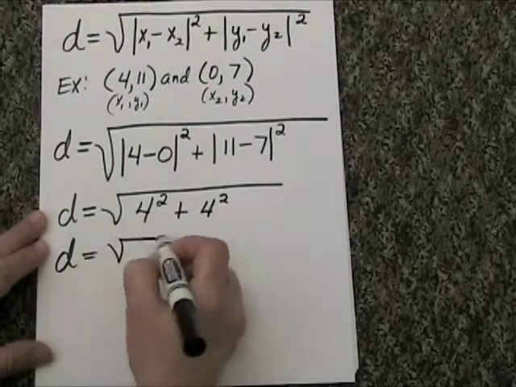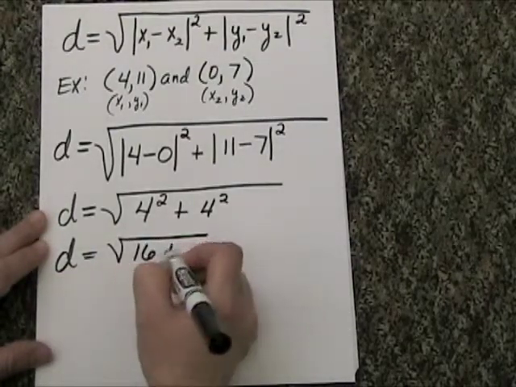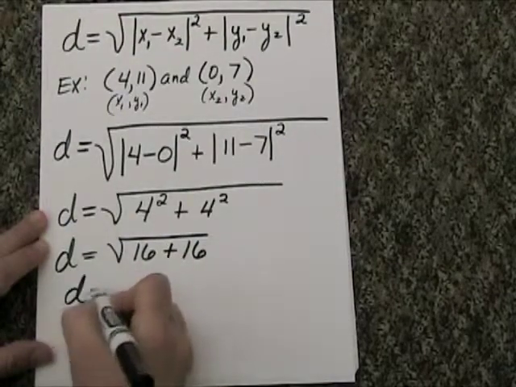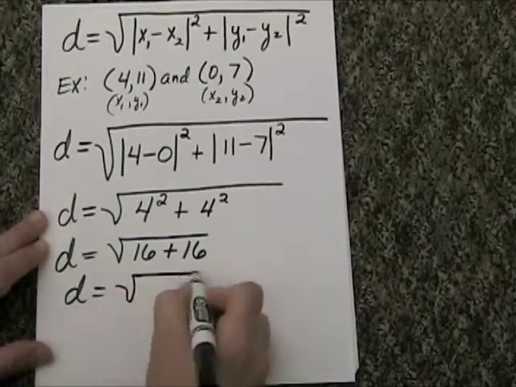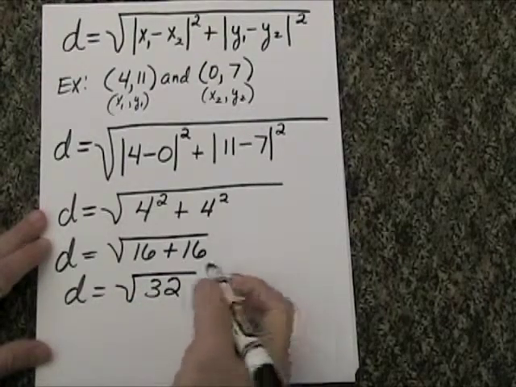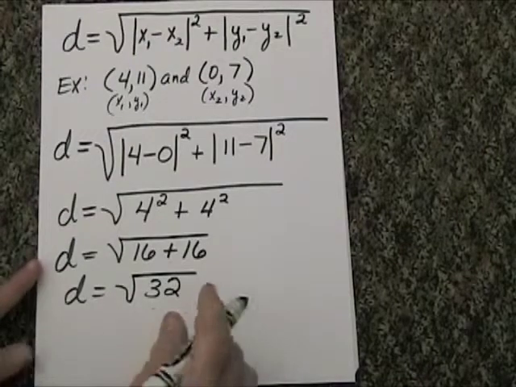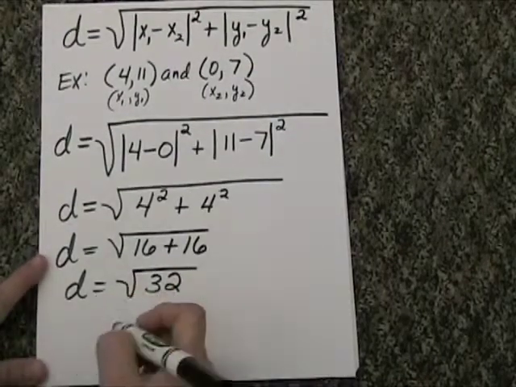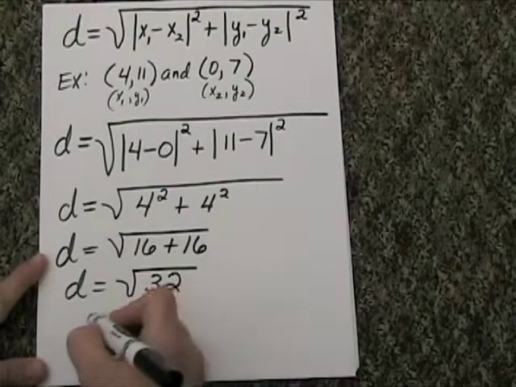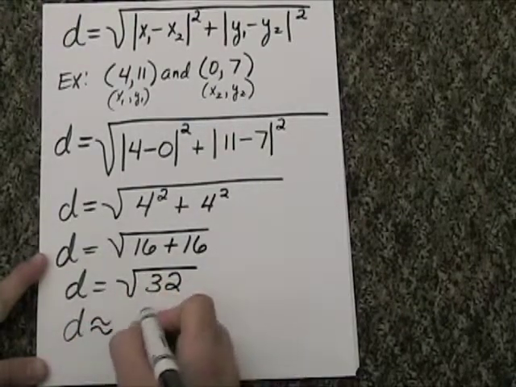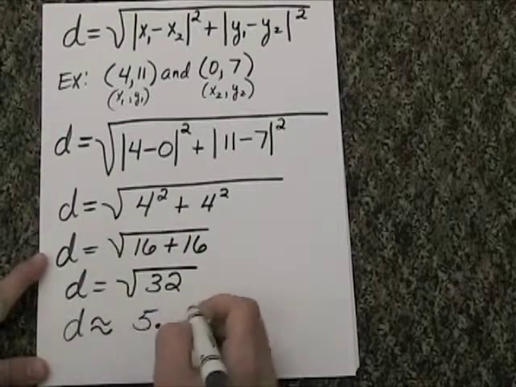So we're going to get 16 plus 16. So the distance is equal to the square root of 32. Again, that's not a perfect square, so we're going to have to use our calculators and get a decimal approximation. The square root of 32 is approximately 5.7.